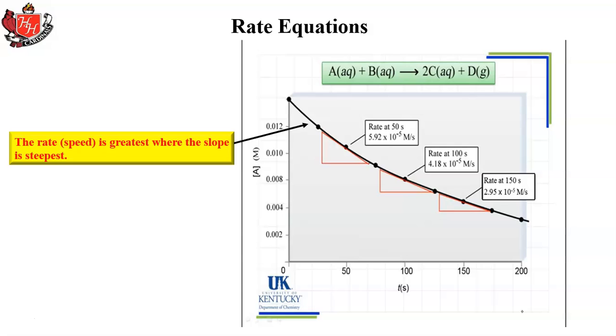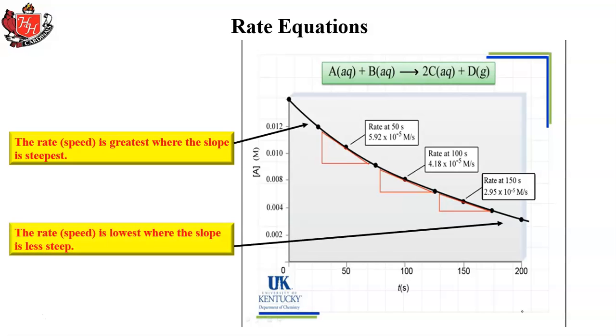So it's a greater rate per unit time. As you go to the right, as the slope of the line gets flatter, you see that the change in concentration gets less and less. So faster is steeper, flatter is slower. Just keep that relationship in mind. And the rate speed is lowest where the slope is less steep.